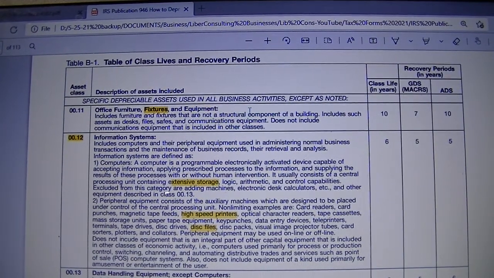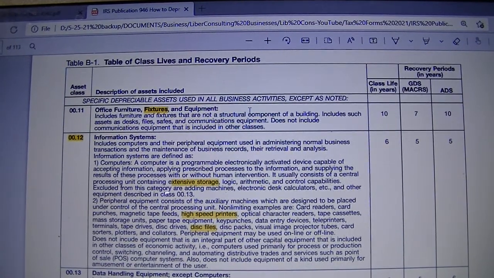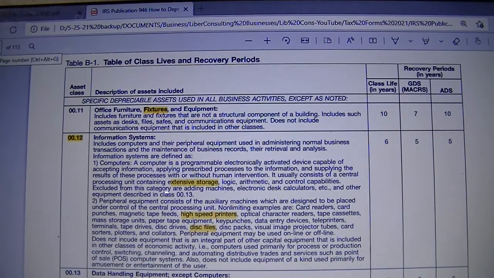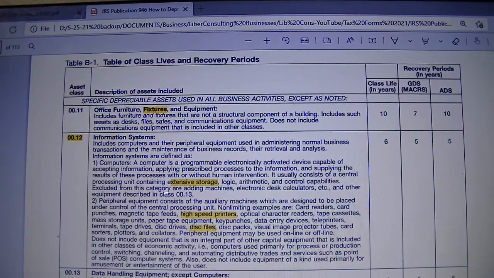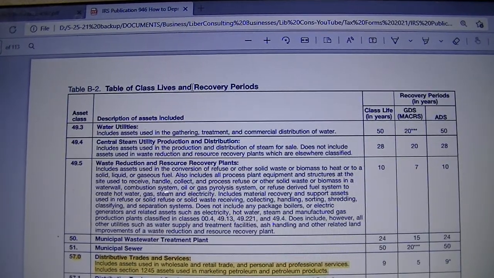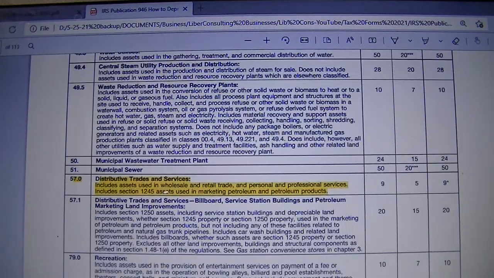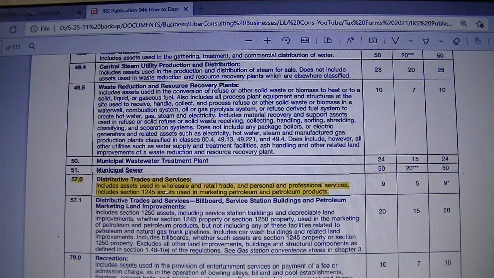Now we'll go to table B2 to see if we'll find the business that is using that light. And we already know the business that is using those assets, and it is asset class 57.0 retail business. But then we read underneath it, and they are not talking about light fixtures specifically.